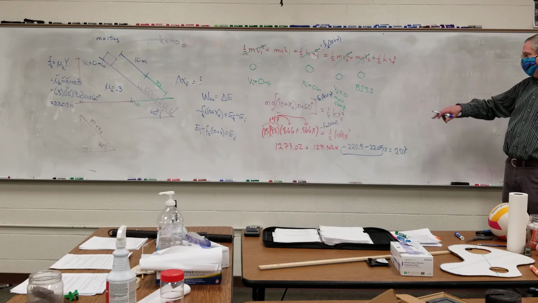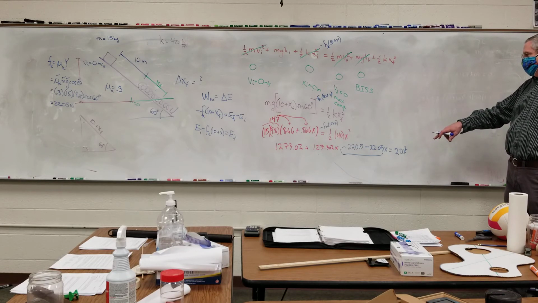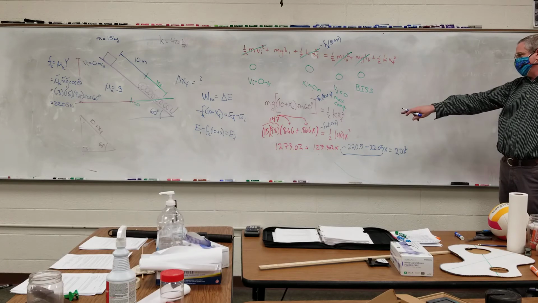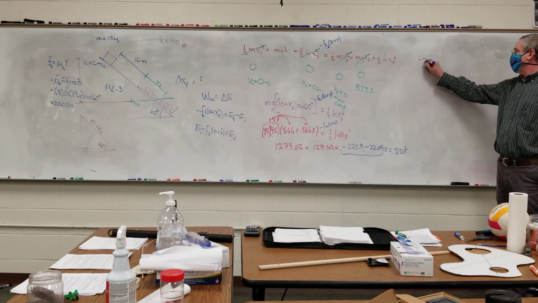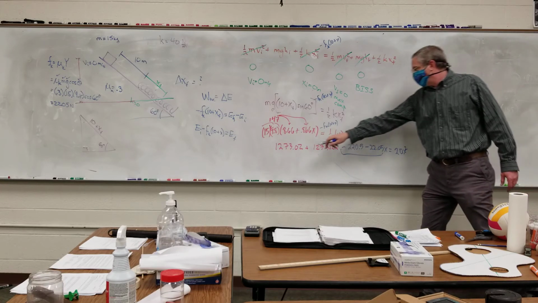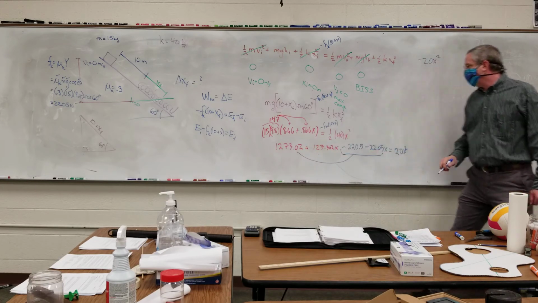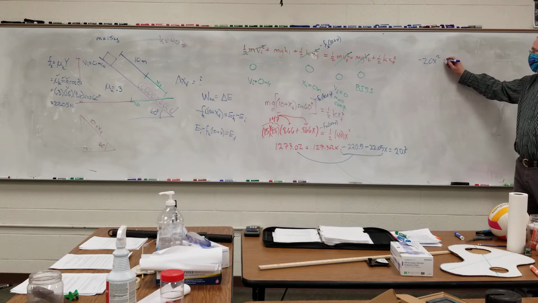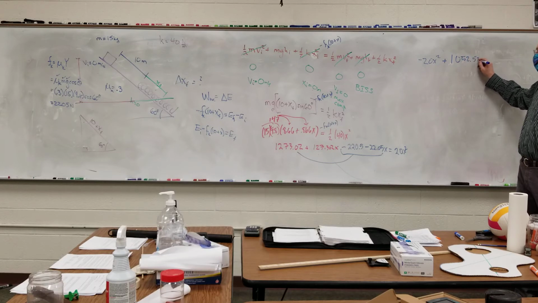So, doing the math here. So we subtract that, we still get the negative 20x squared. And then I've got these two that I'm going to combine. So, plus 52.52. Thank you. You're welcome.